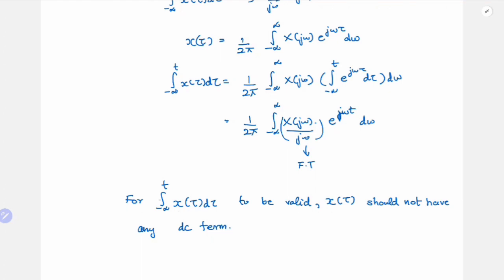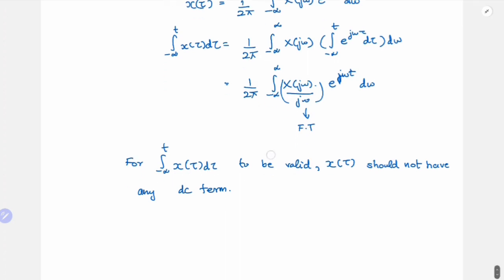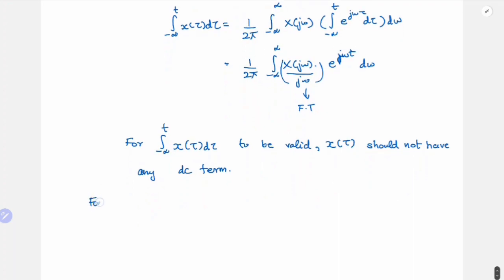Because if you integrate the dc term from minus infinity to t, it is going to be infinity. So which makes x of t as a whole itself go to infinity, and we know that if it is absolutely integrable, it will have a Fourier transform. So in this case, x of tau should not have a dc term. This is also the case for Fourier series. I think we forgot to discuss it there.